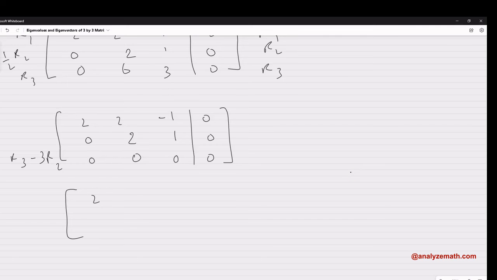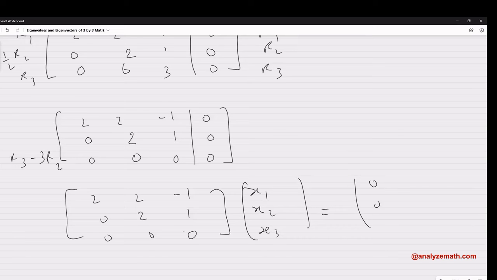We rewrite the system of equations again, 0, 2, 1 here, 0, 0, 0. And remember, we have the x1, x2, and x3 components. And the constants are all zeros.